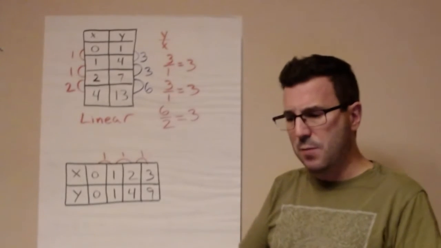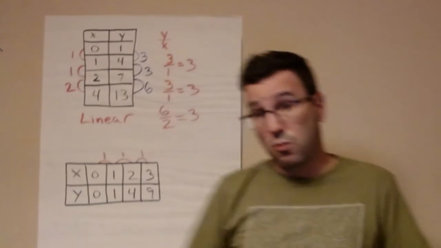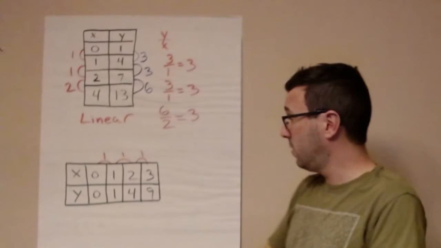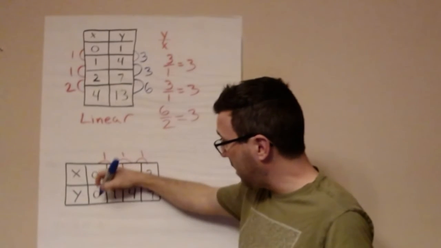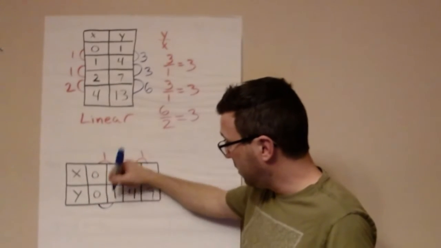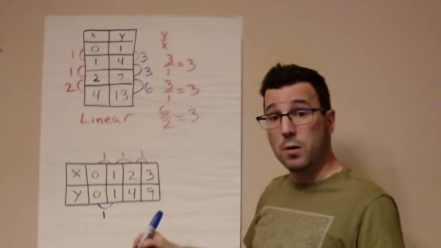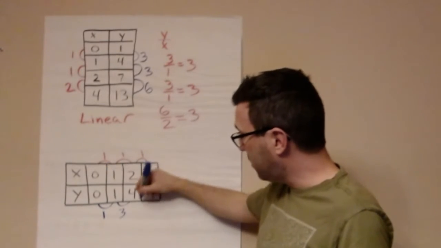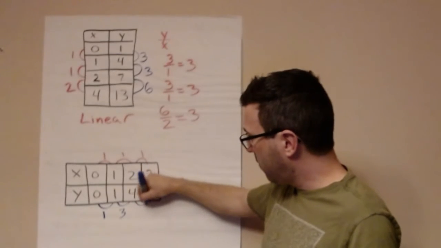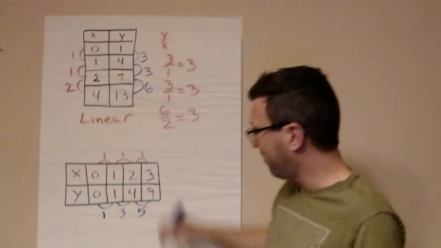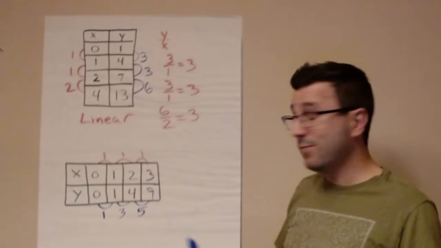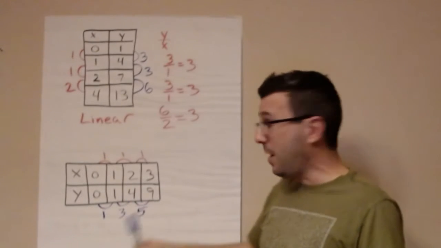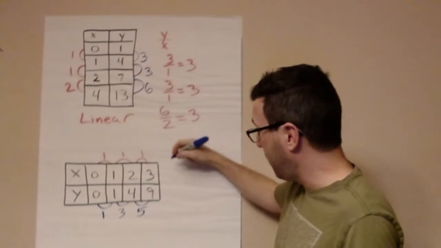We're getting the same number every single time. Cool, that's looking okay. On the bottom, the changes in the y's. 0 to 1 is 1. 1 to 4 is 3. 4 to 9 is 5. Now if I do my comparison again, I do my y over x.